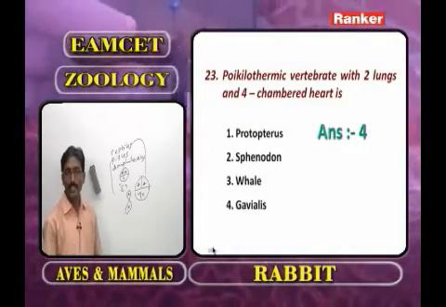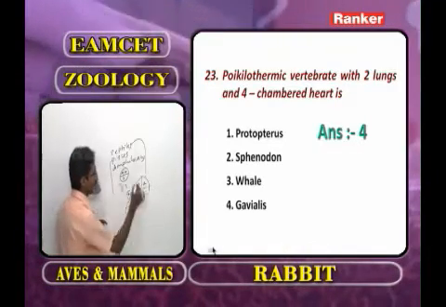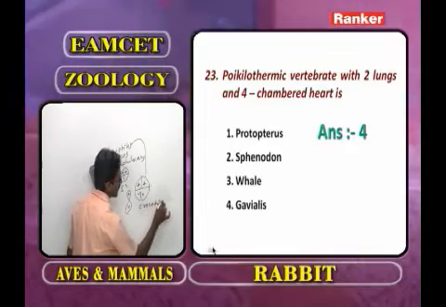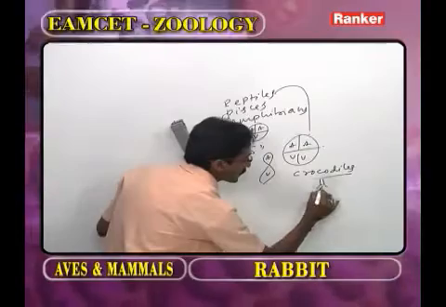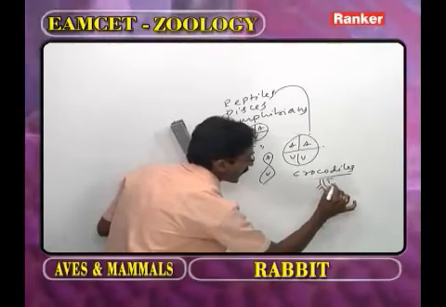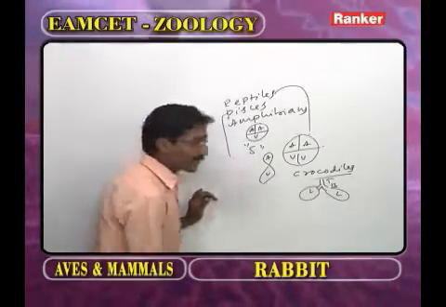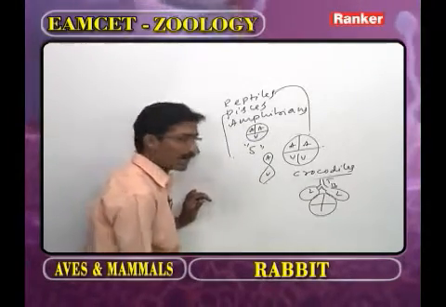Poikilothermic vertebrate with 2 lungs and 4-chambered heart. In the reptiles, one exception is crocodiles. As we observe the crocodiles, now this is the trachea, bronchi, and these are lungs. In between the lungs, what is present? The 4-chambered heart.